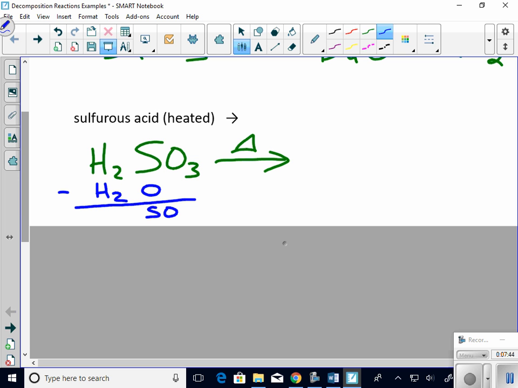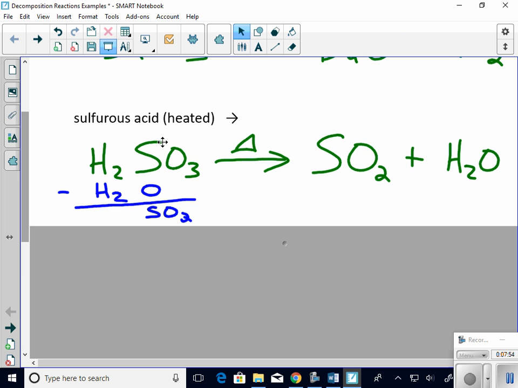SO2. Well, guess what, people? SO2 plus water. Once I clean it up, there I have it. Is it balanced? Yeah, it is.